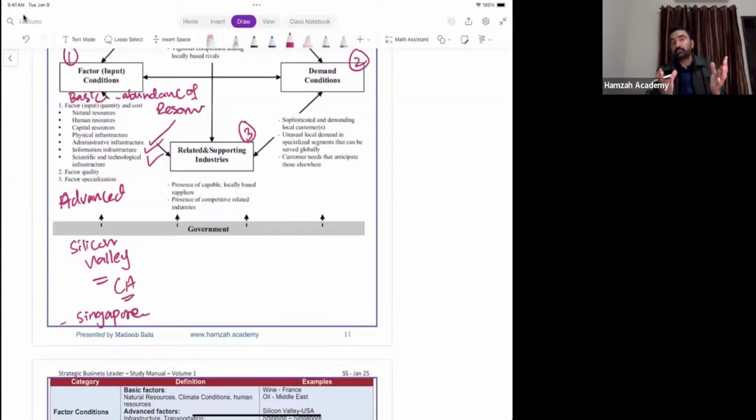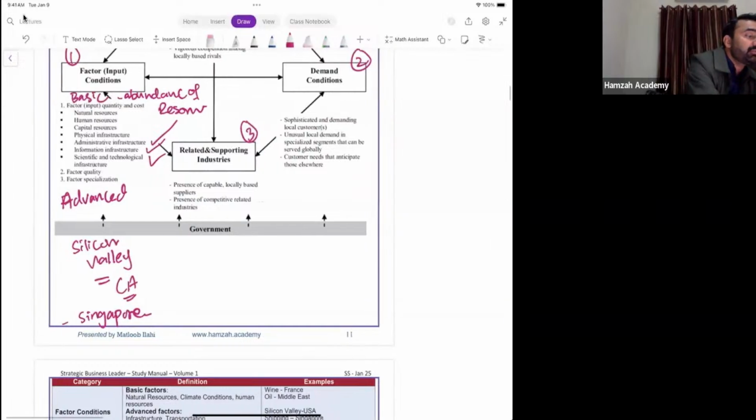Singapore is one of the leading IT and financial hubs in the world and one of the leading economies in the world. Although Singapore is a small city state with 5.5 million population, just 5.5, it is one of the richest countries or richest cities in the world. So, what is the reason? Because of the world-class information infrastructure, technology infrastructure, and administrative infrastructure, governance infrastructure, that is also highly important. Governance infrastructure.